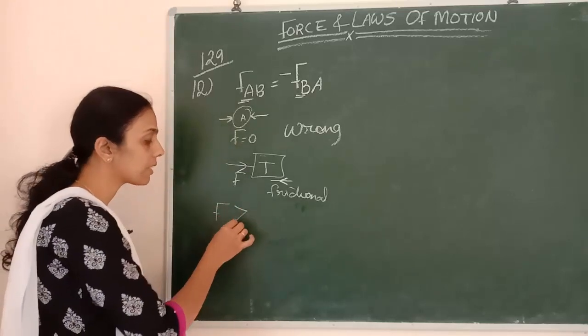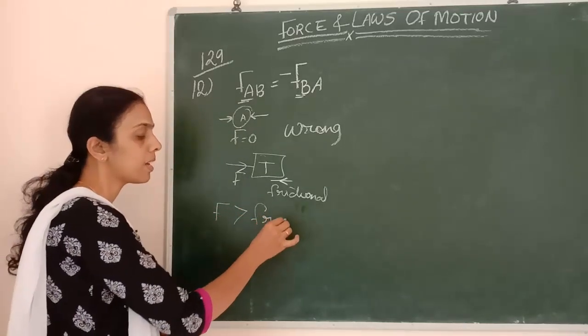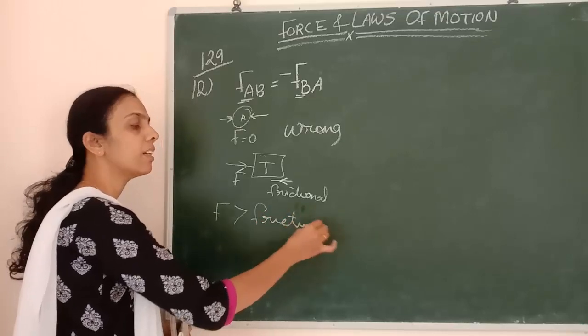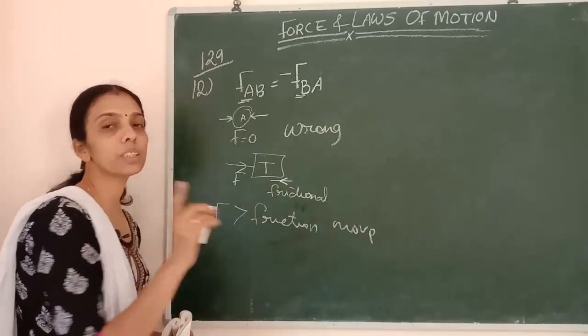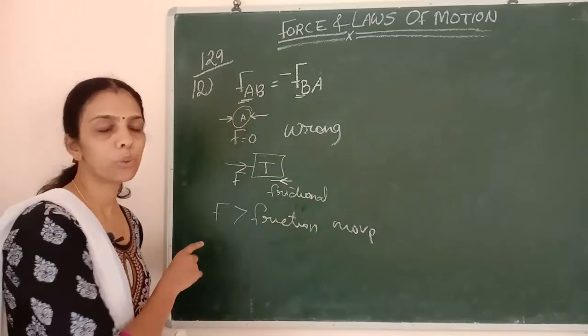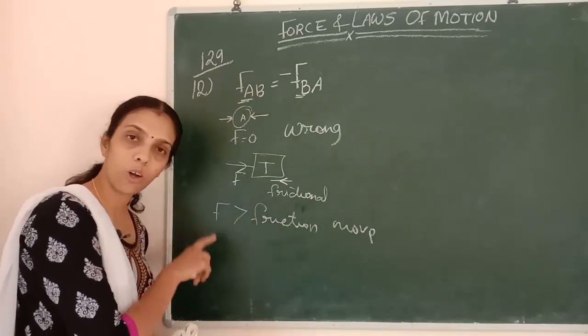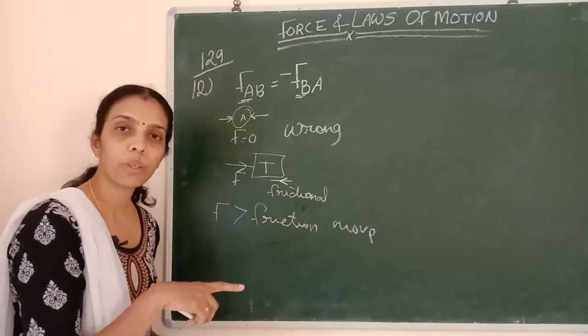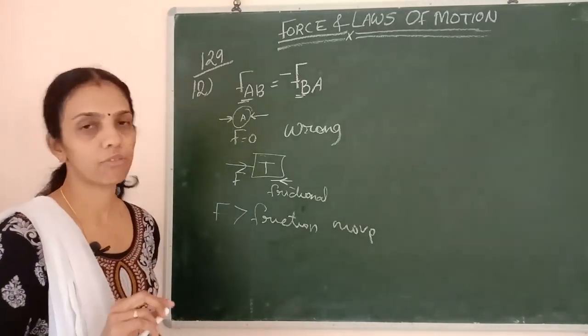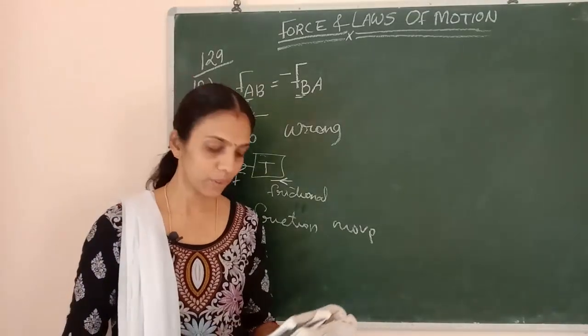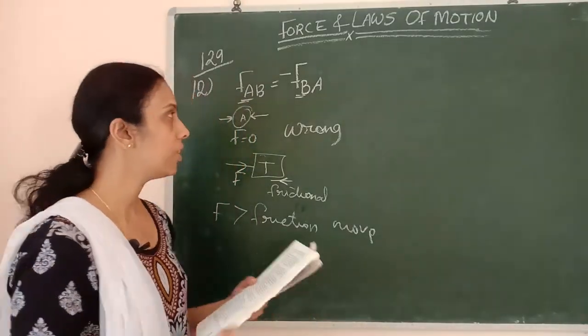If F is greater than the frictional force, then the object will move. If F is less than the frictional force, then the object won't move. So the object is not moving because the frictional force is opposing the applied force. Okay, clear? Then the next question, the 13th one.